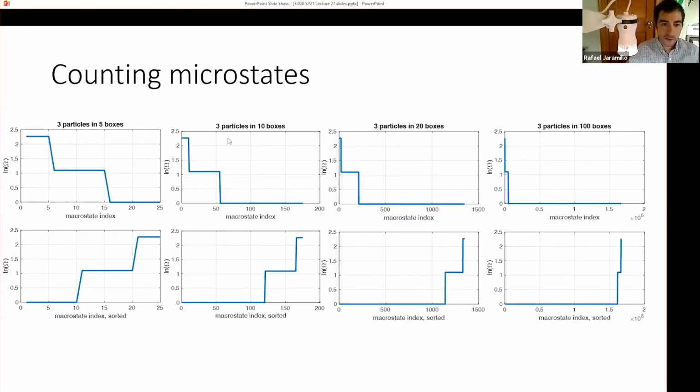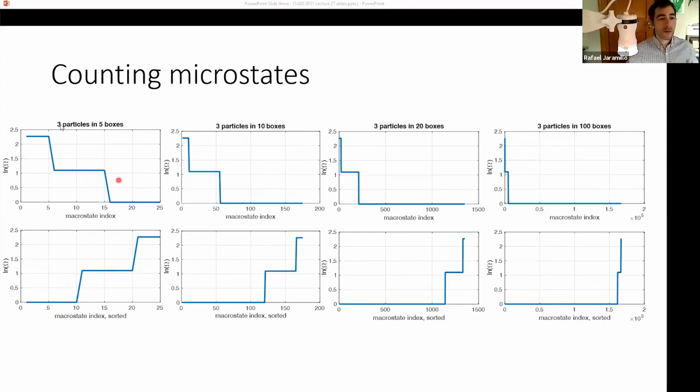As I move from left to right here, I'm changing R. I have 3 particles in 5 boxes, 3 particles in 10 boxes, 3 particles in 20 boxes, and 3 particles in 100 boxes. The top and bottom plots are the exact same data set. I'm just distributing them differently. Distributions visualized with different sorting.